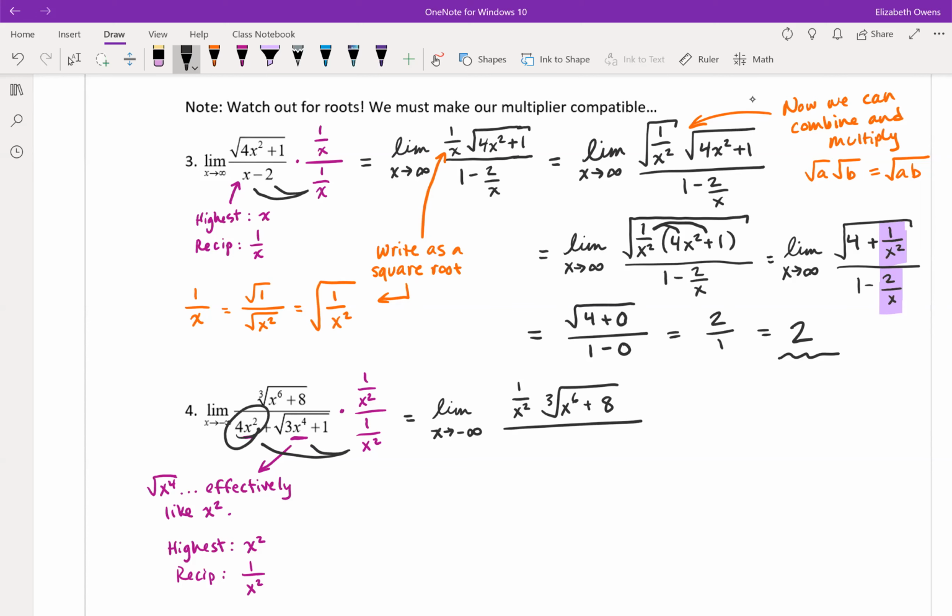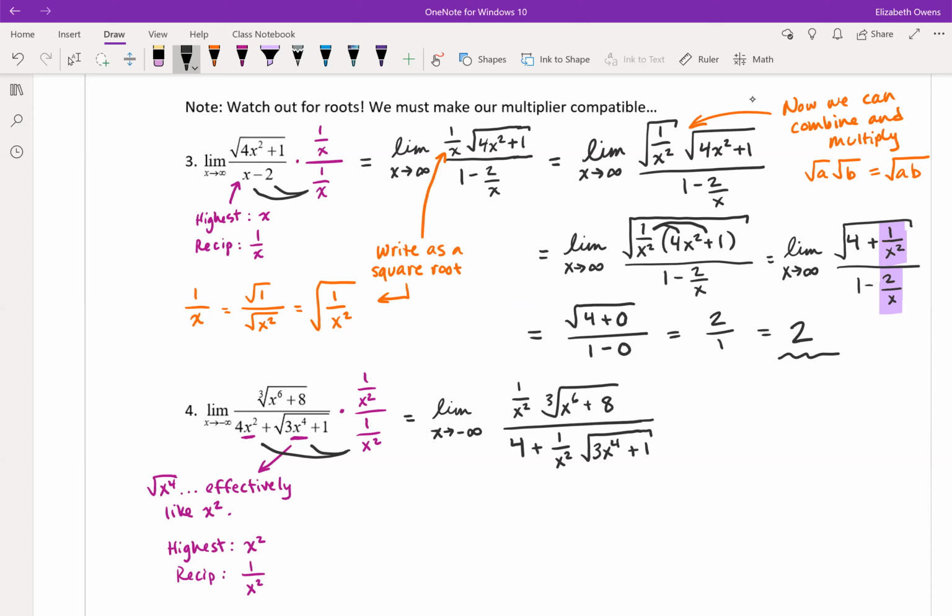And then plus, when we distribute next to that radical, we're going to end up with a situation like we just saw in example 3. The 1 over x squared is not under a square root, so it can't really get into that radical there. So 1 over x squared times the square root of 3x to the 4th plus 1. Okay.